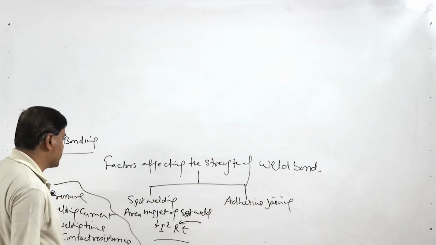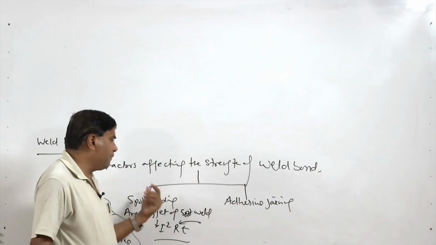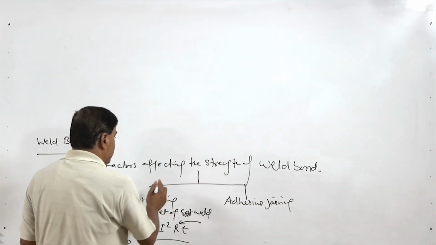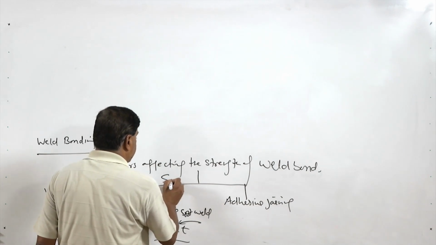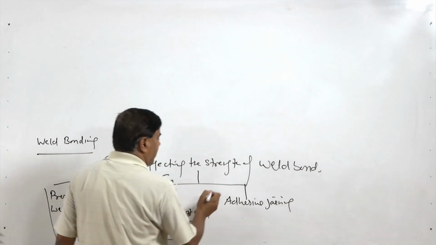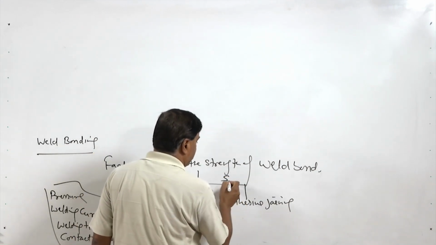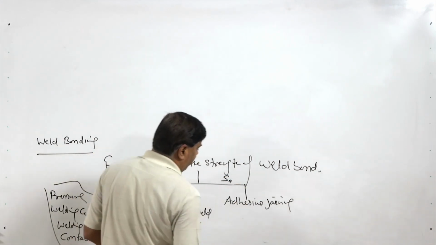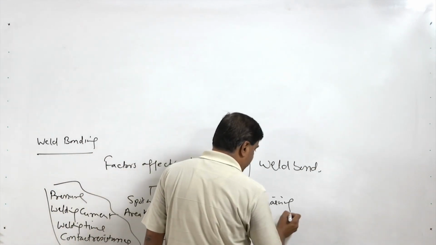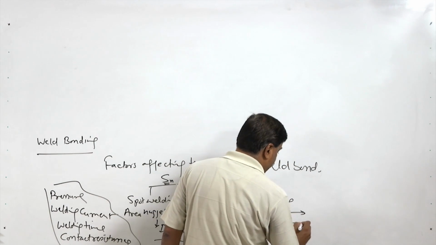Since the process is a combination of spot welding and adhesive joining, the strength contribution from the spot welding is coming from the weld nugget, and the strength contribution from the adhesive is the other part. So, the strength of the adhesive joint is affected by certain factors.